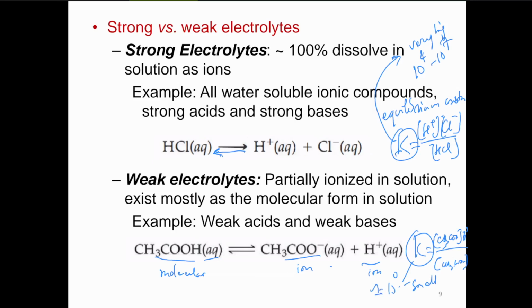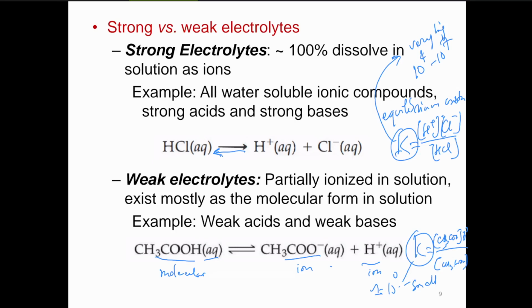So when you are given a molecule, an electrolyte, to define whether it's a strong electrolyte or not, you don't need to look at the solvent, or at the nature of the chemical bond inside the compound, but you ask for the equilibrium value. If you have a high equilibrium constant value, you can say it's a strong electrolyte. If you have a small equilibrium constant value, it will be a weak electrolyte.